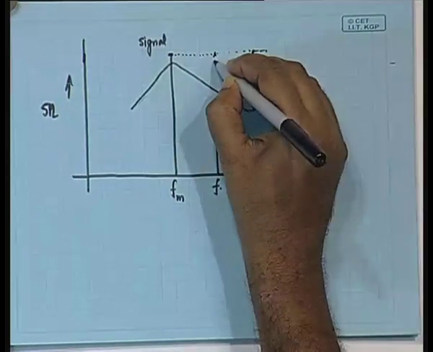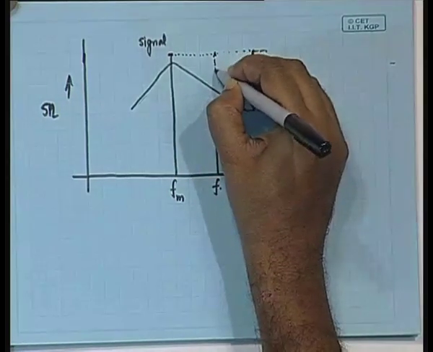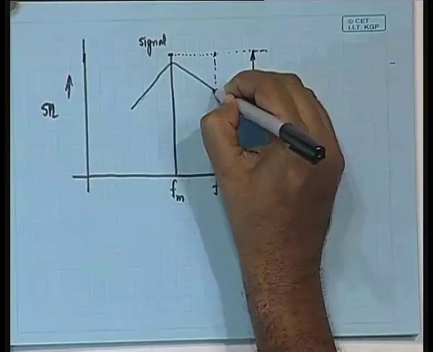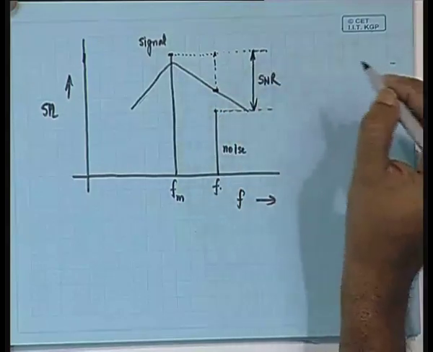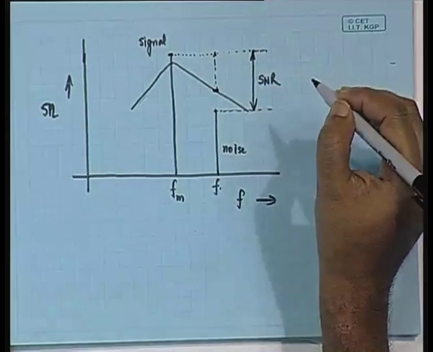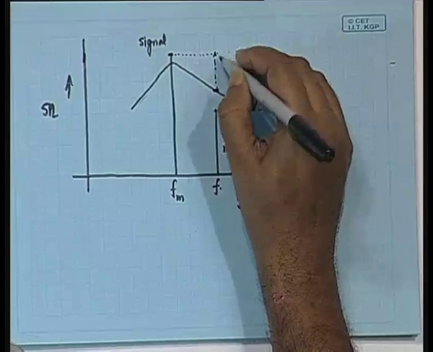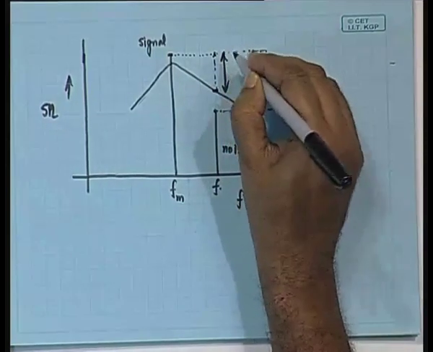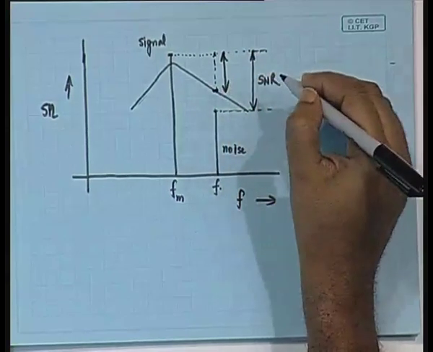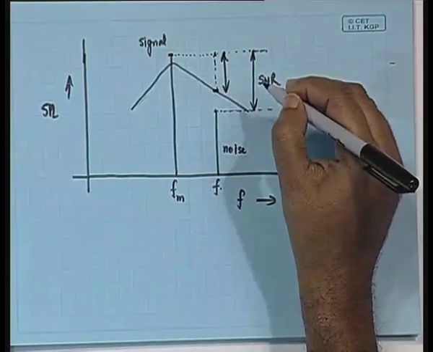Now, here you see something interesting, that this is the masking threshold that happens at the frequency f. Now, if you calculate the difference in height between this signal level and the masking threshold, what does that signify?